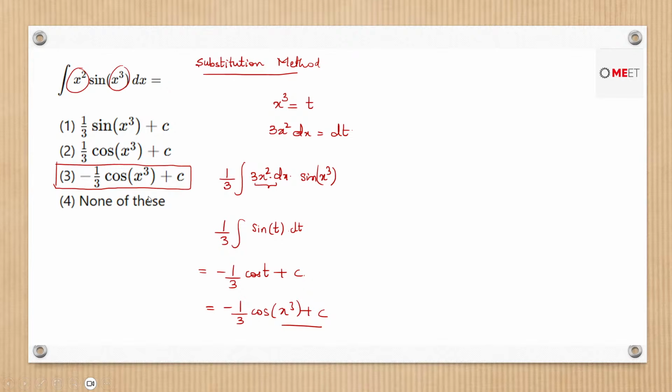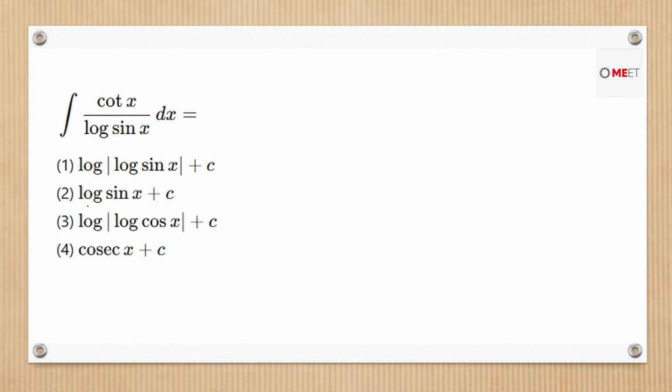Moving to next question. Integral cot x by log of sine x into dx. So once again this is being expressed in similar kinds of functions, that is log of sine x could be taken as equal to t.